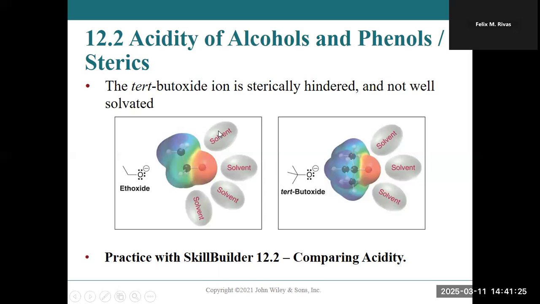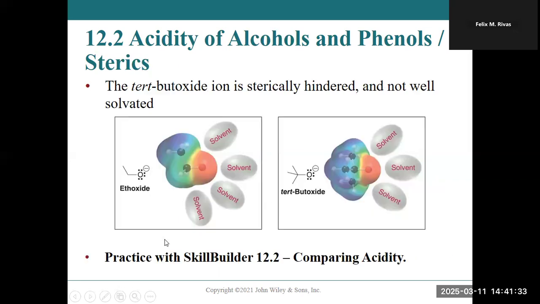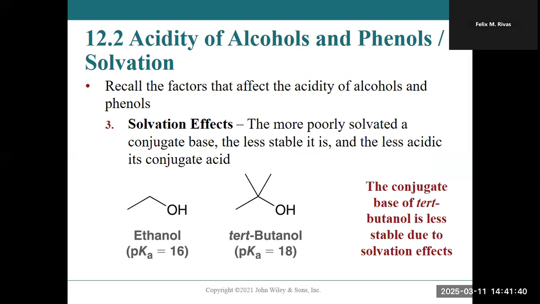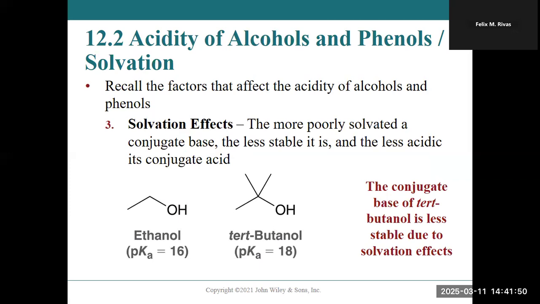So because there are more molecules of solvent making this conjugate base more stable, we can say that's a stronger acid, because your conjugate base is more stable, which means it's a weaker base, which means you get a stronger acid. Let me say that again. The conjugate base is more stable, therefore it is a weaker base, and that makes for the opposite effect. It makes for a stronger acid.